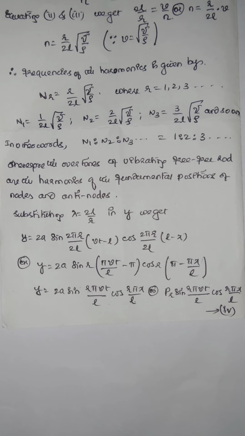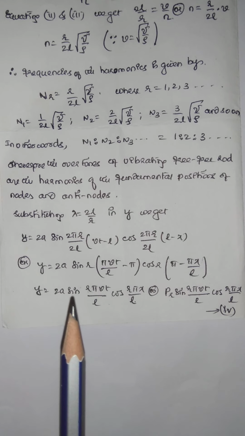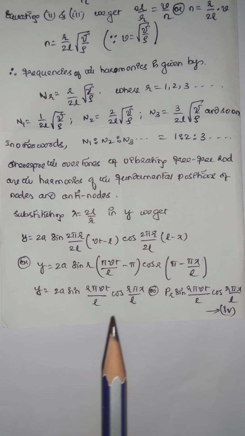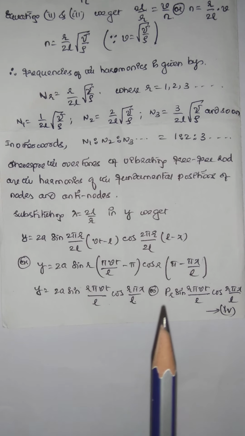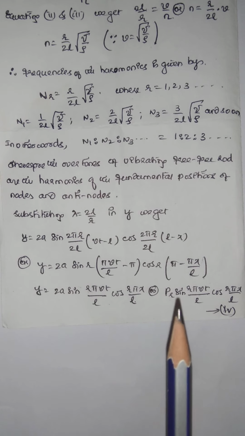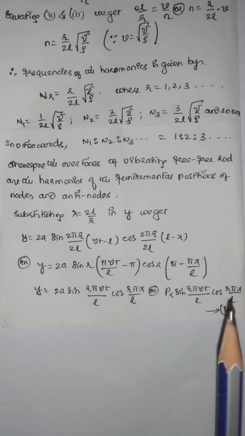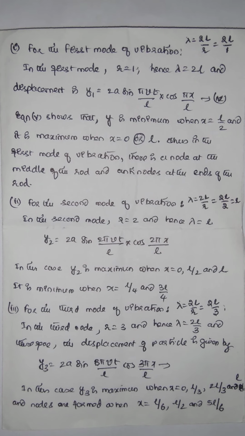So on replacing this term, we get the resultant displacement y equal to 2A sin(rπvt/l) into cos(rπx/l), or that can also be written as P_r sin(rπvt/l) into cos(rπx/l).